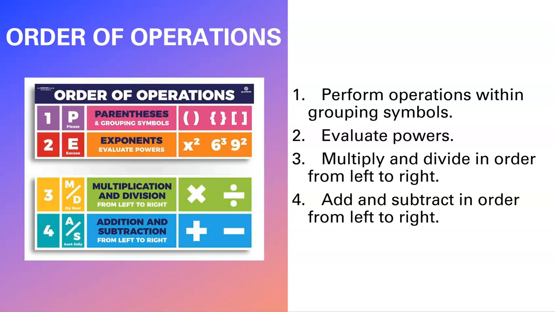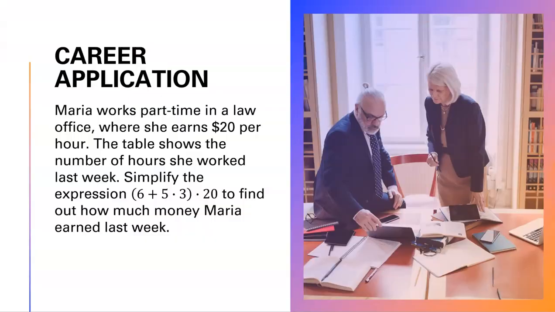It does not matter if multiplication is first or if division is first. We are going from left to right as if we're reading a book, and we're applying multiplication and or division, whatever comes our way. And finally, we'll add and subtract the same way in which we multiplied and divided to find a simplified result.